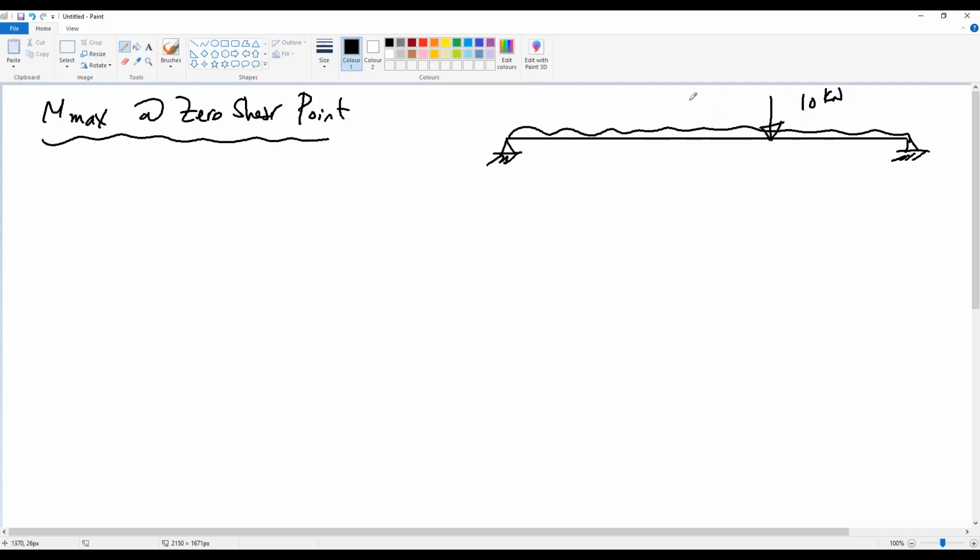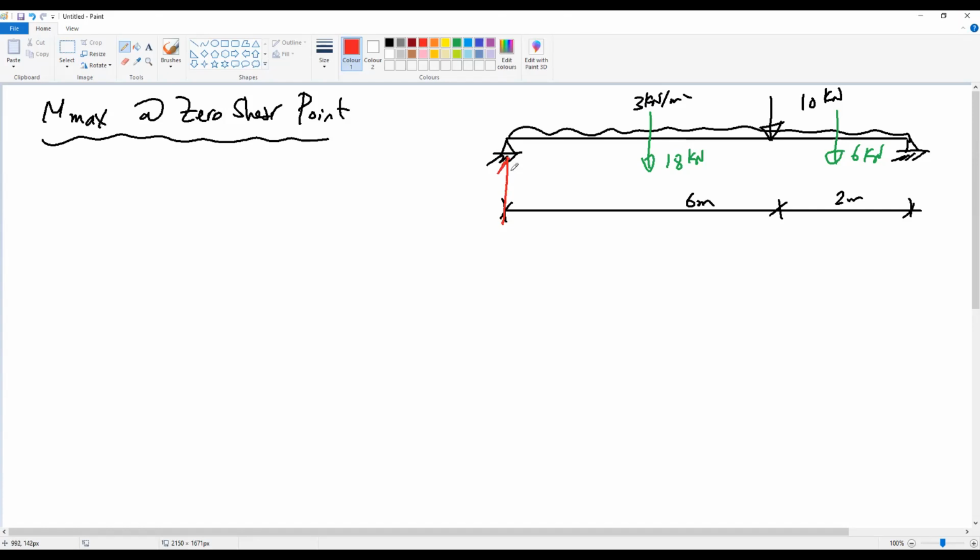It has a 10 kilonewton load, a 3 kilonewton per meter uniform load, which we consider as 18 kilonewton, and here 6 kilonewton. The dimensions are 6 meter and 2 meter. The reactions are 14.5 and 19.5 kilonewton.